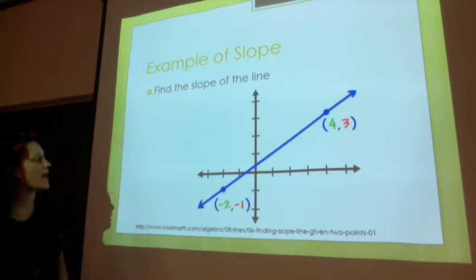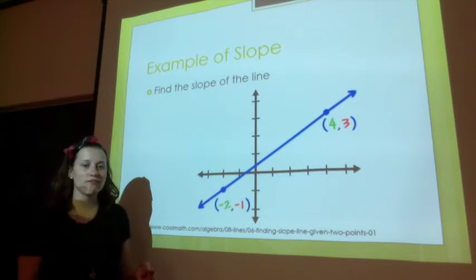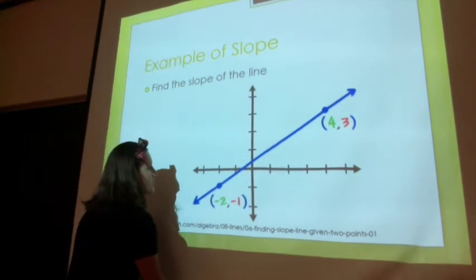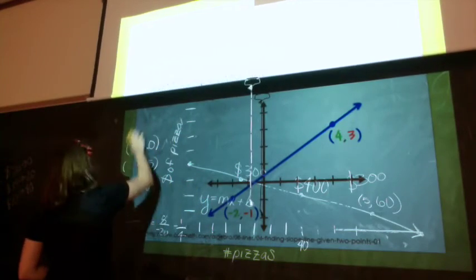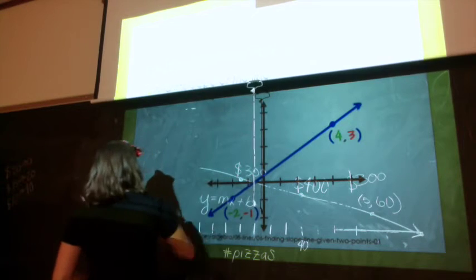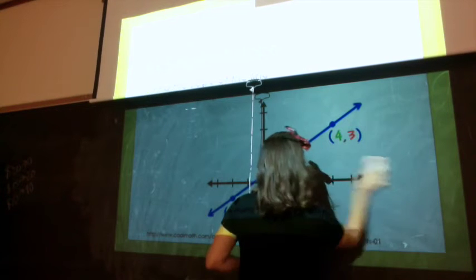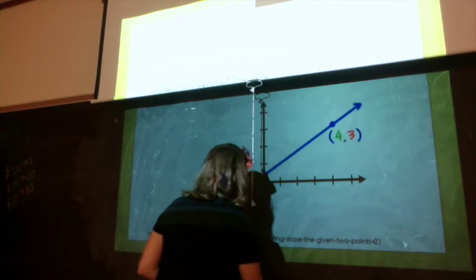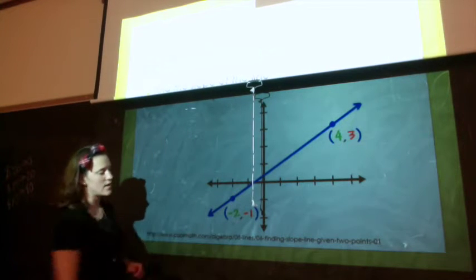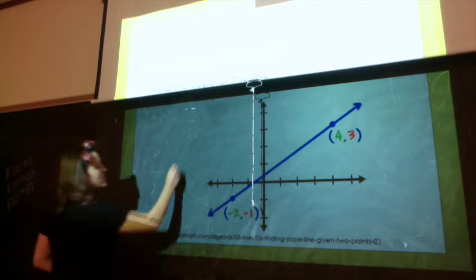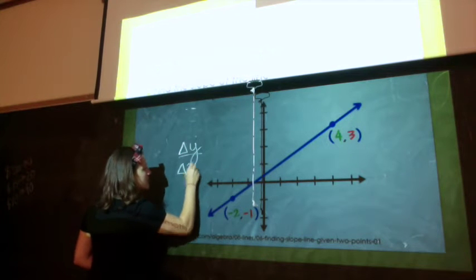So in this example, we have point (4, 3) and point (-2, -1). So we're going to find the slope of this line. As we said, the formula is the change in y over the change in x.